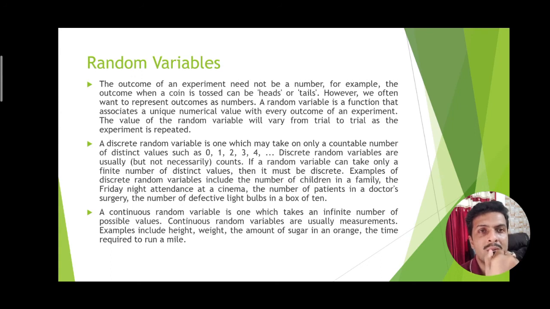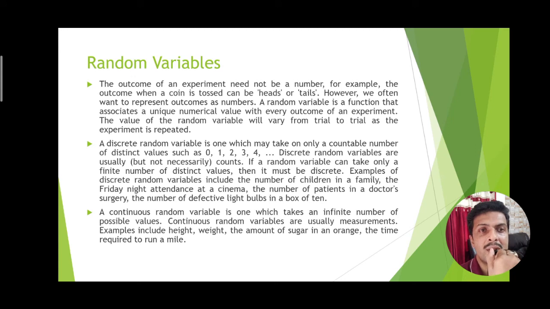There are two outcomes, so often we want to represent outcomes in terms of numbers. A random variable is a function that associates a unique numerical value with every outcome of an experiment. The value of the random variable will vary from trial to trial as the experiment is repeated.